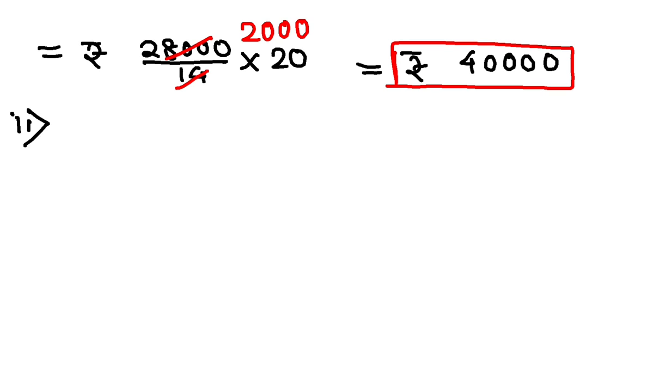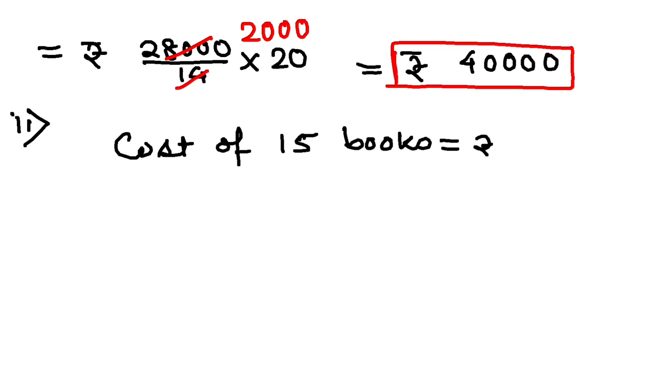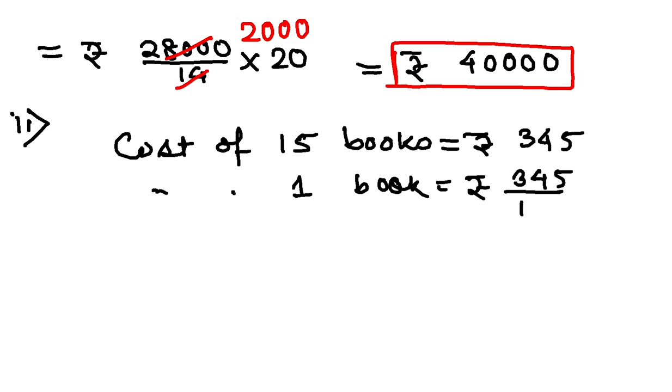15 books cost rupees 345. What will 50 such books cost? So 50 books, again direct variation. Cost of 15 books is rupees 345, so cost of one book is rupees 345 by 15.